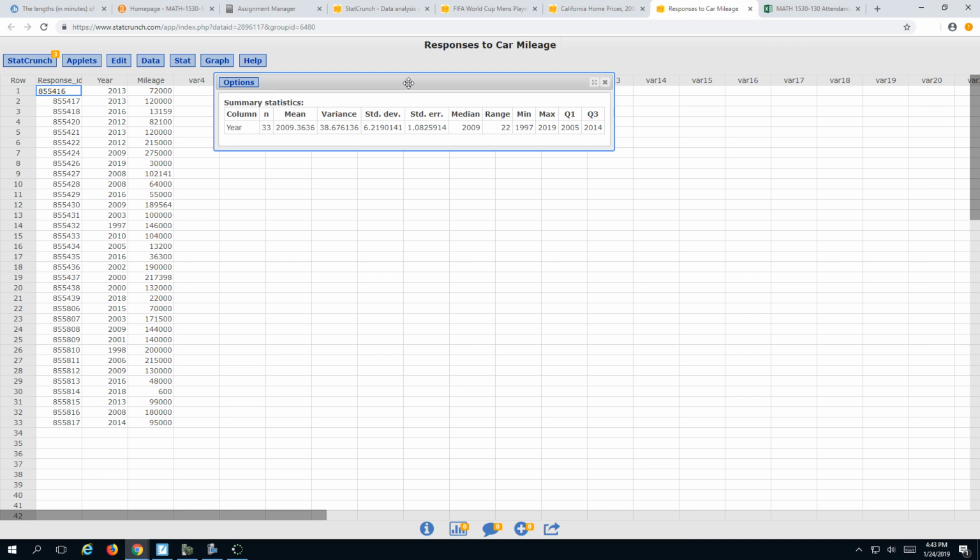Okay. What if LeBron James walked in the room and we added his household income to our data set? What would happen to the average, the mean? It would go way up.